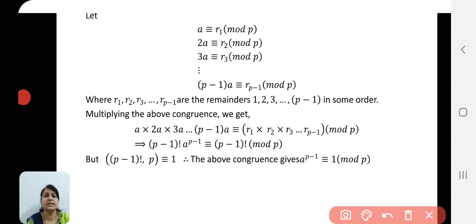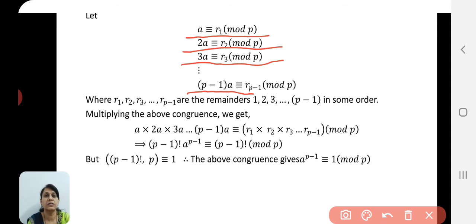So this can be written as a is congruent to r1 mod p, 2a is congruent to r2 mod p, 3a is congruent to r3 mod p, and so on, (p minus 1) into a is congruent to r(p minus 1) mod p, where r1, r2, r3, and so on up to r(p minus 1) are the remainders of 1, 2, 3, and so on up to p minus 1 in some order.